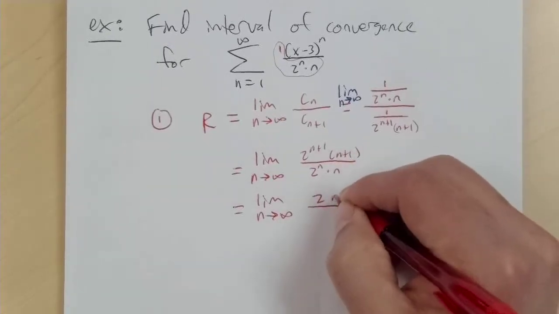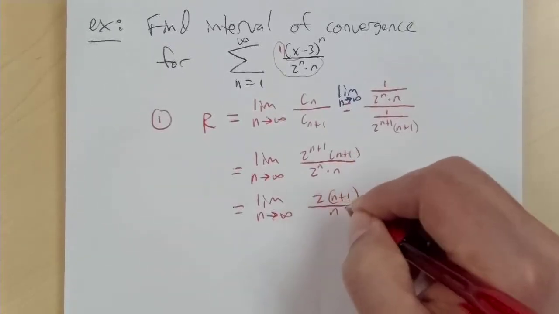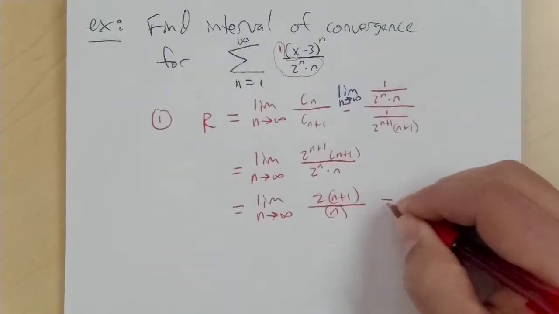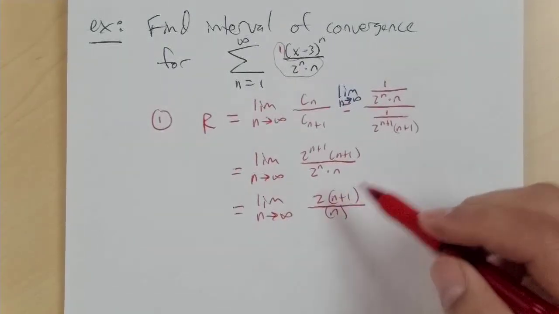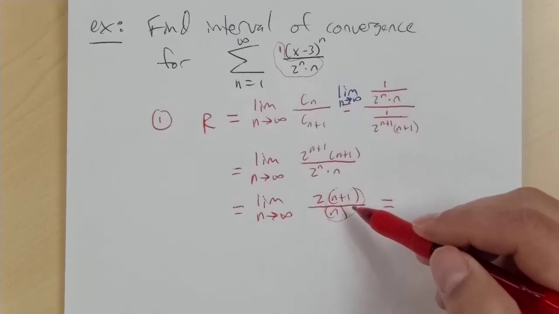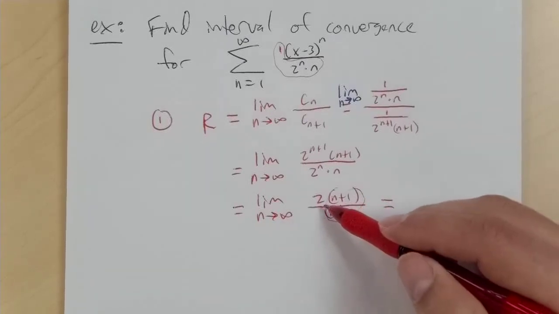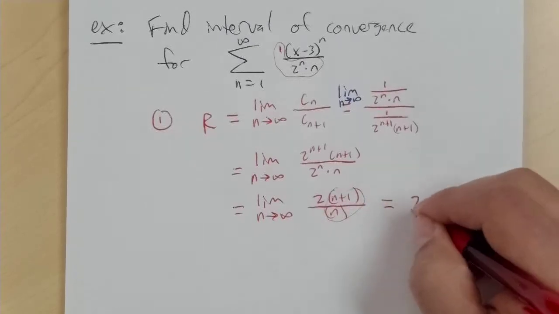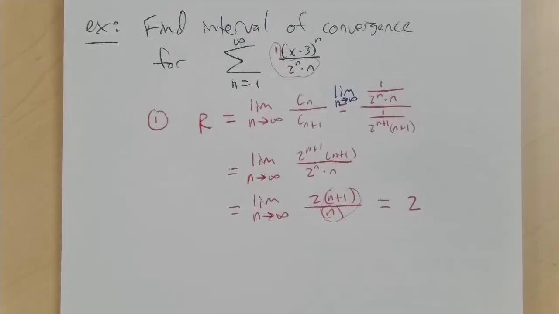And then you have n plus 1 over n. Okay, and this is not a hard limit, right? This portion has a limit equal to 1 as n goes to infinity. And so the limit value is going to be 2.